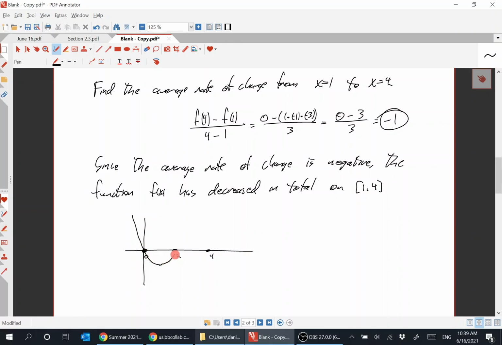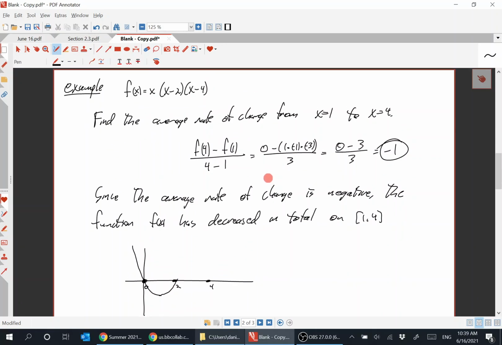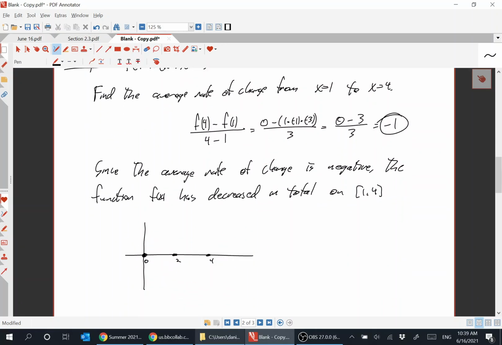Something like this. Not that. Oops. No, incorrect. It's going to do like this. Now, why it does that, we'll talk about later. Although the information that we have so far pretty much indicates that that's how this function behaves.